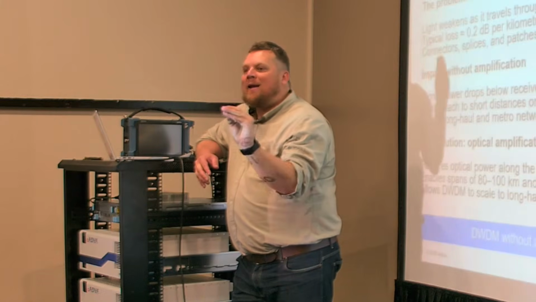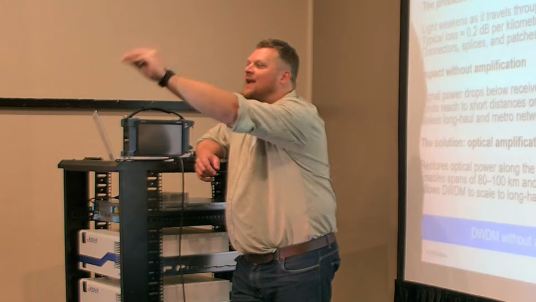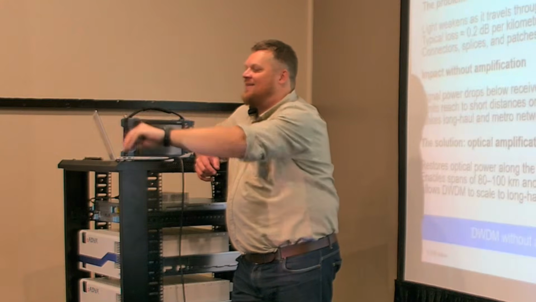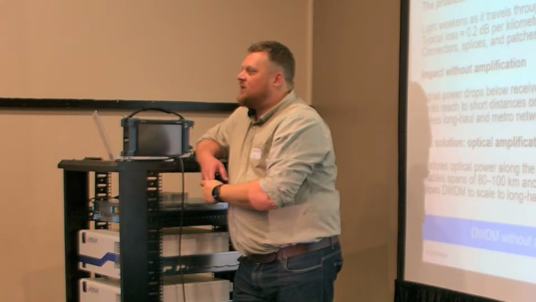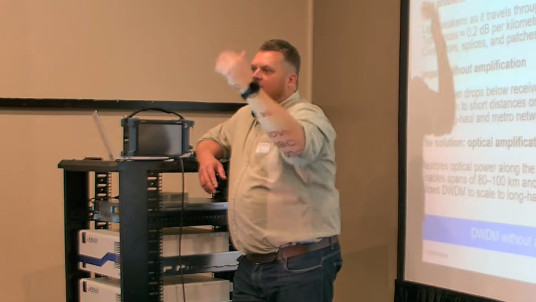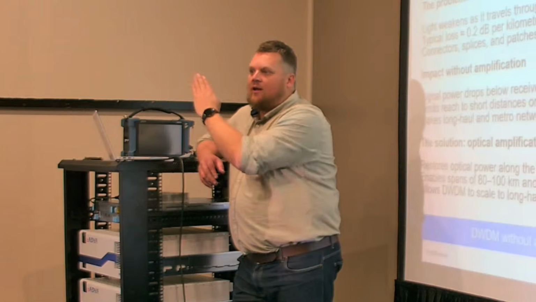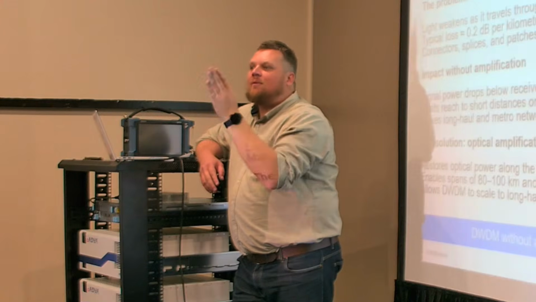Also, depending on your optics, because your optics dictate how much power you're putting into the line. So when we start talking about ZR optics and transceivers, your cheaper ZR optics are minus 8 dB optics. Your higher end, more expensive optics are a 1 dB or a plus 1 dB optic. Because that thing has a little amplifier in it, it becomes more expensive.